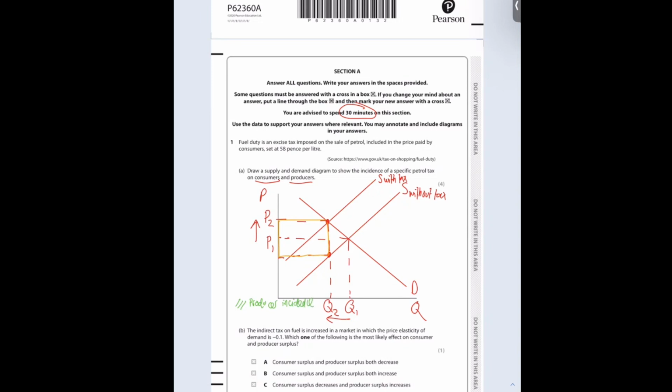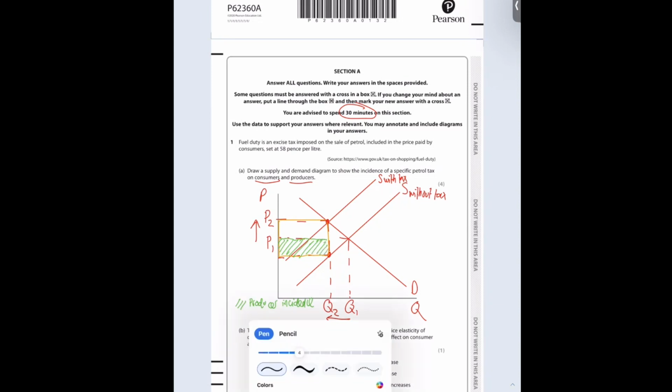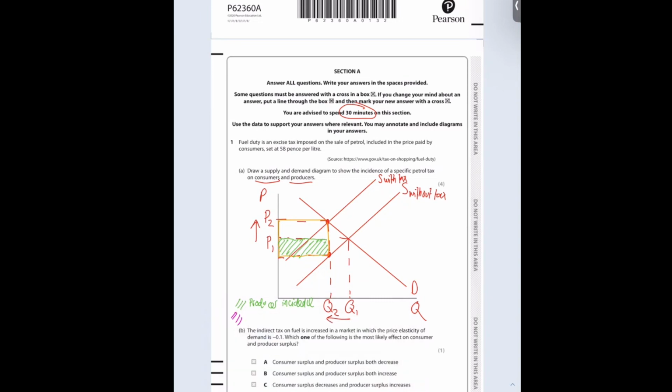And so this line here, this line that goes in between, this one is easier if I say like that. And below, this is the incidence on the producer. Then my other color, let's go for this purple. This is the consumer incidence.